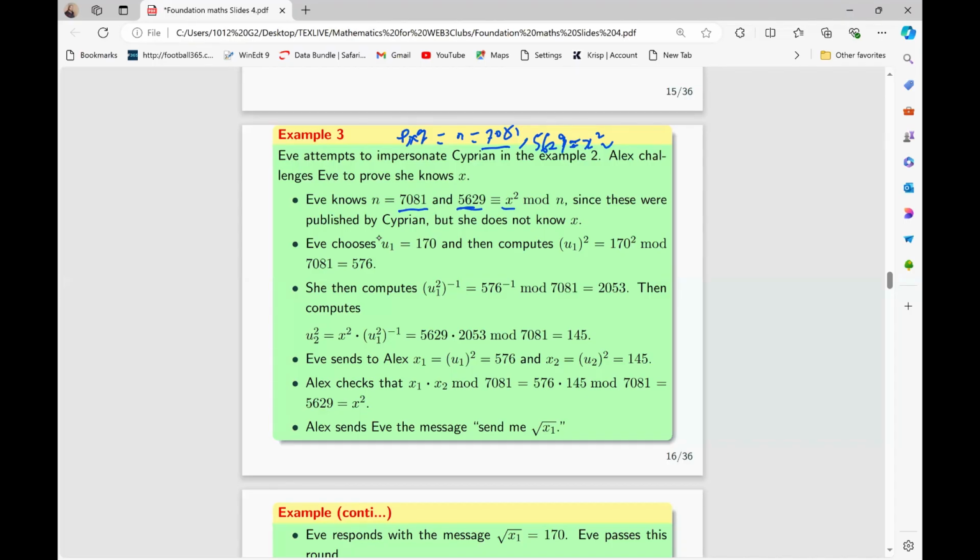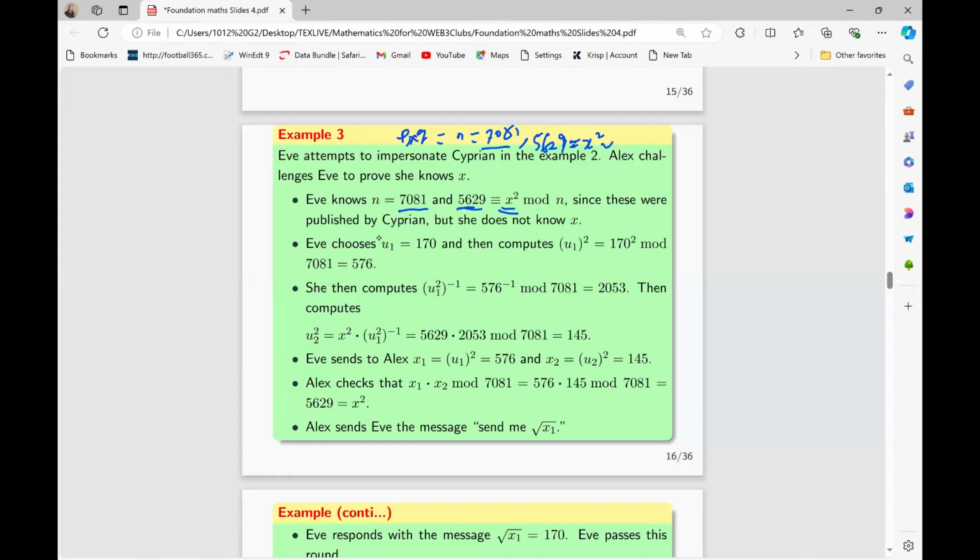And the smart guy then thinks, I need to send to Alex 2 numbers, and when Alex gets their product, it should give him x square. Of course, that is the same thing that Cyprian did: chose randomly 2 numbers, which when Alex multiplied them, gave him x square. So that is what Eve knows is supposed to happen.